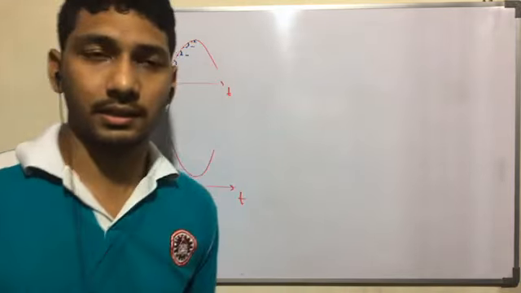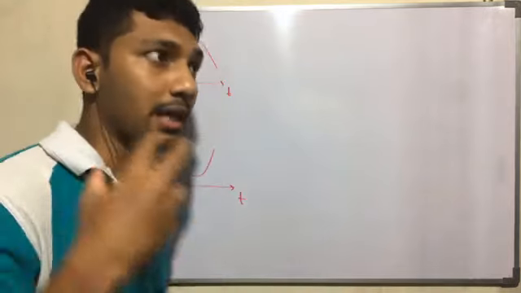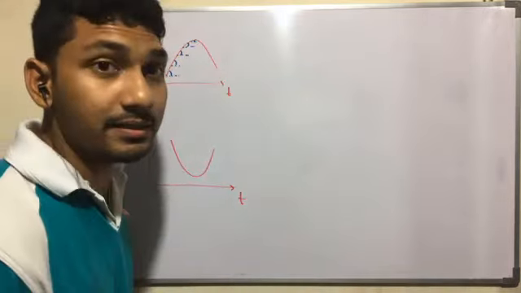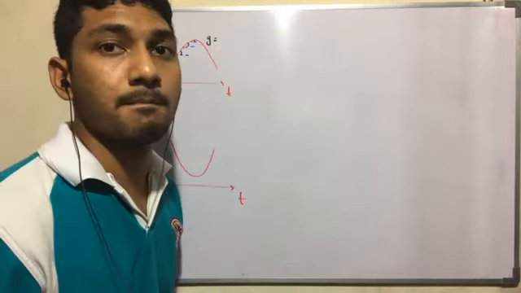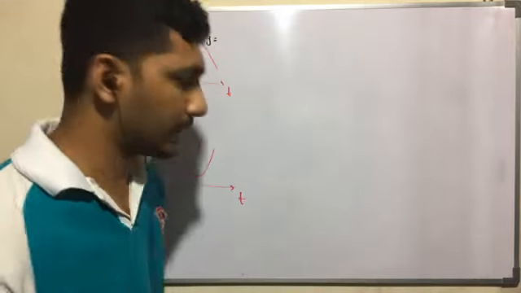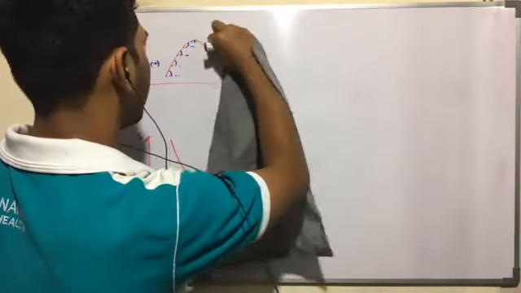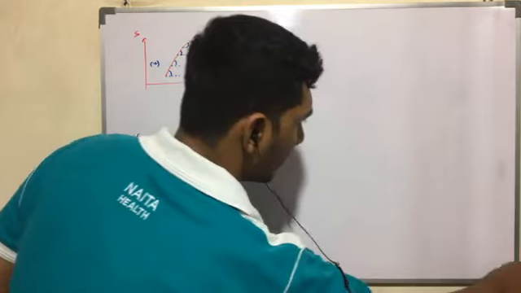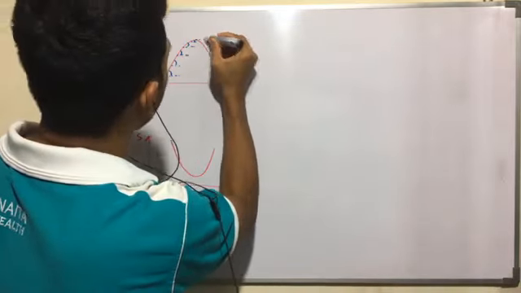If it is flat, we call it parallel to the x-axis, and at that point the gradient is 0. So gradient m is equal to 0 at this particular point.